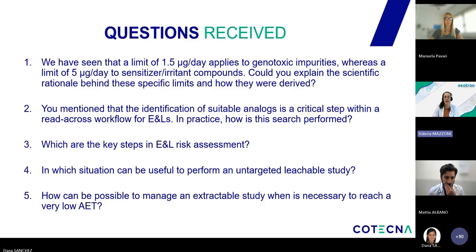And these guidelines give some idea of which can be the good solvents, so the good simulants, as said before by Mattia, or other useful parameters, for example, the good temperature and the good duration of contact with the simulant, in order to have the best outcome for each kind of contact material.